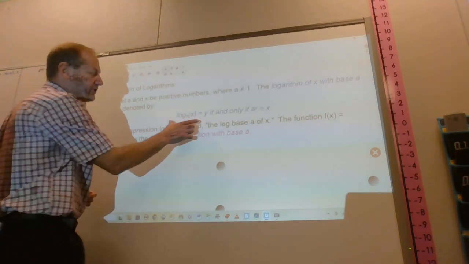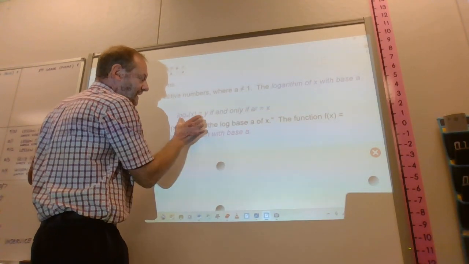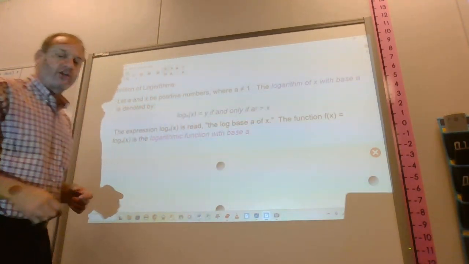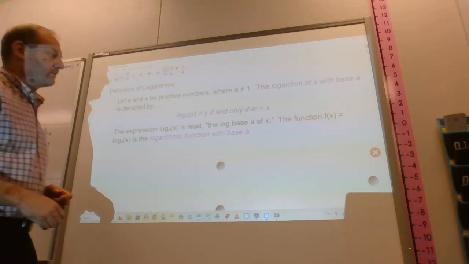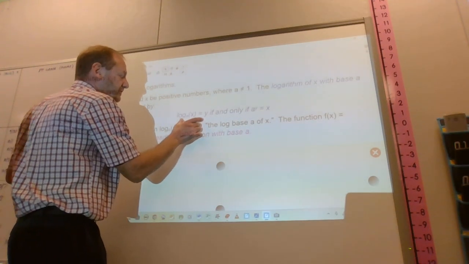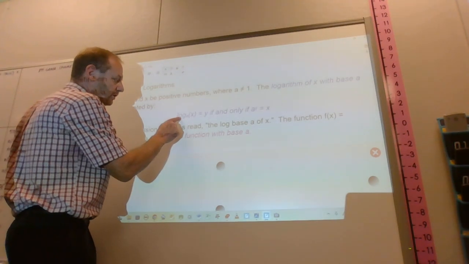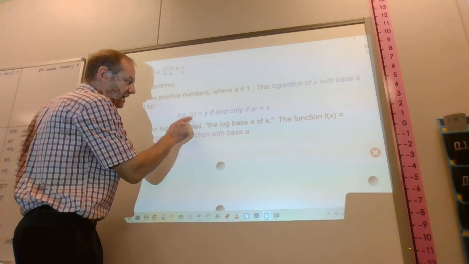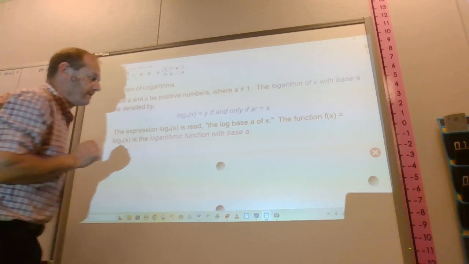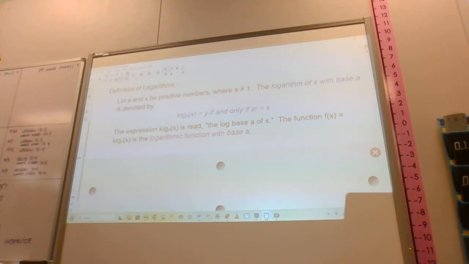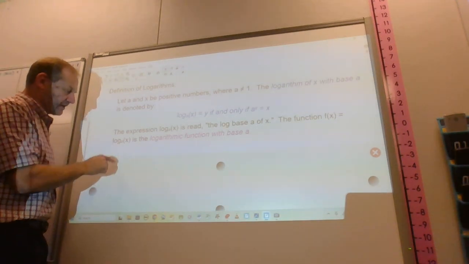Okay, these two equations are the same thing. They just solve for different things. This one solves for x, this one solves for y. So again, you read this as log base a of x equals y. Okay? And the function f of x equals log base a of x is called a logarithmic function with base a. This is your base right here.